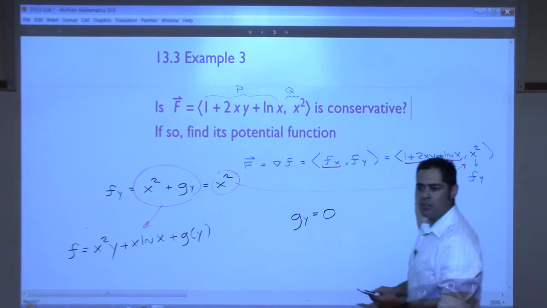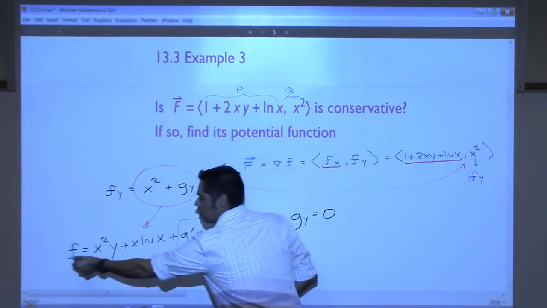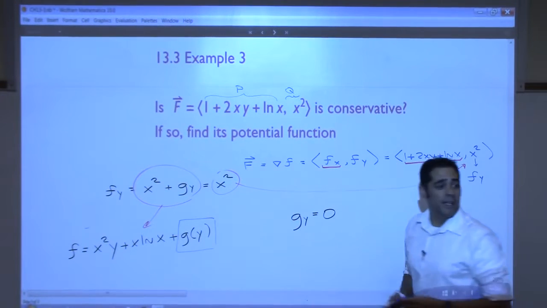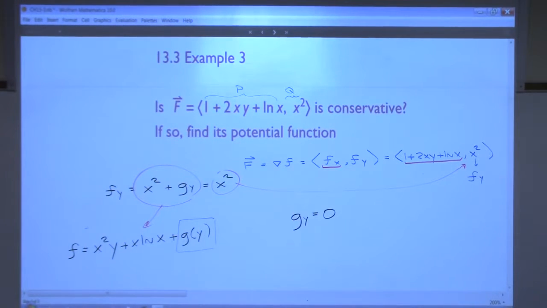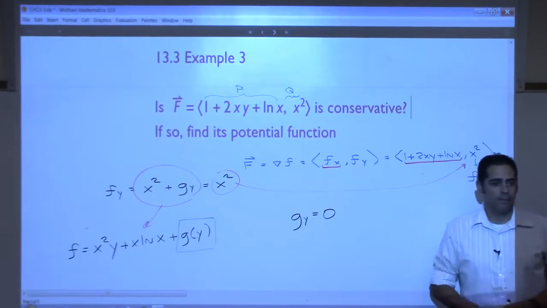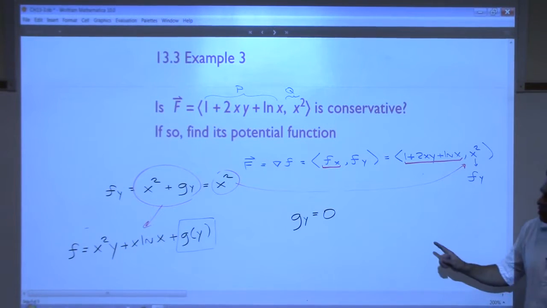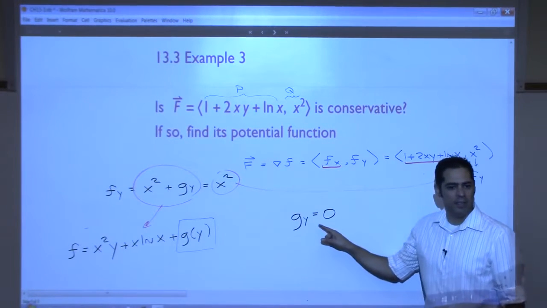Now, can you tell me what g of y is? Because that was the only piece we didn't know. Here was little f. That must be a constant. G of y must be a constant, because the derivative of a constant is 0. Now, be careful here. Could g have an x in it?